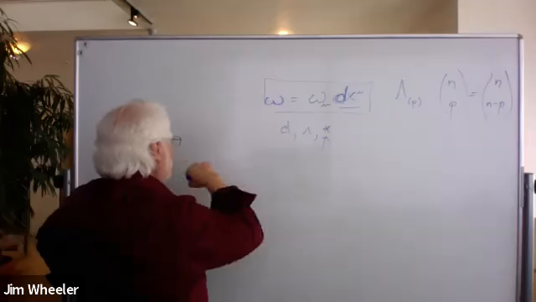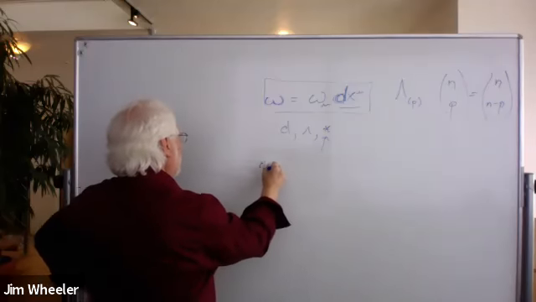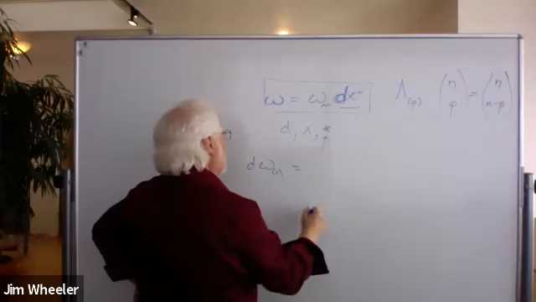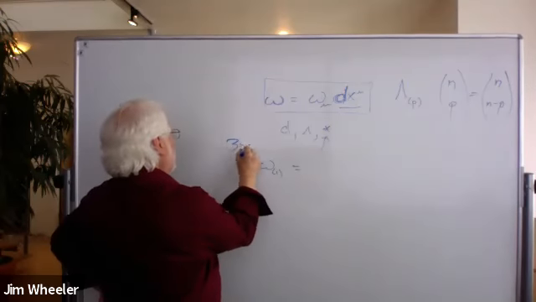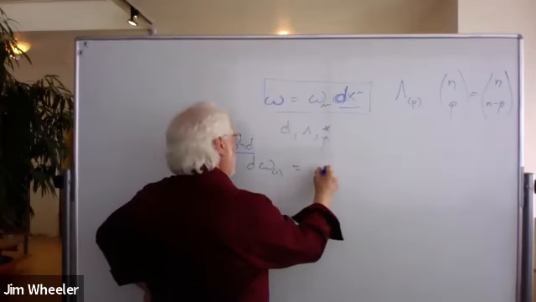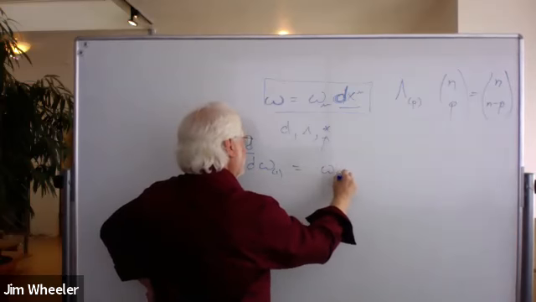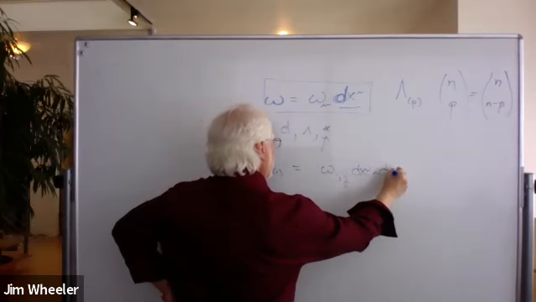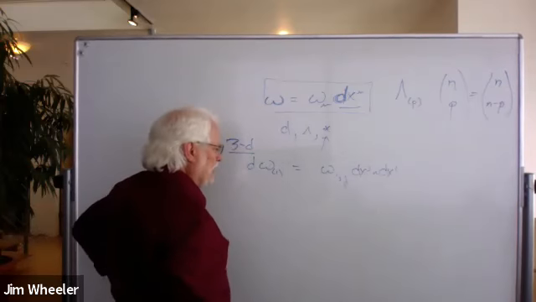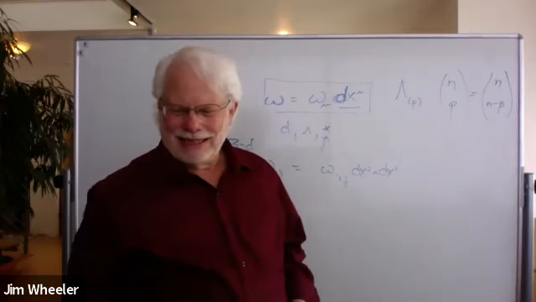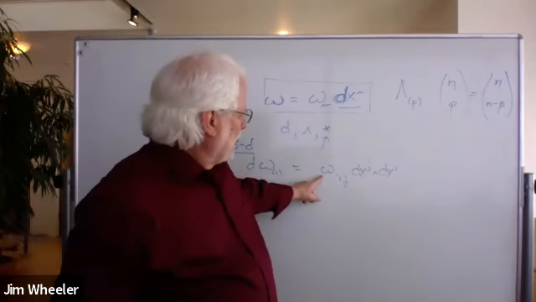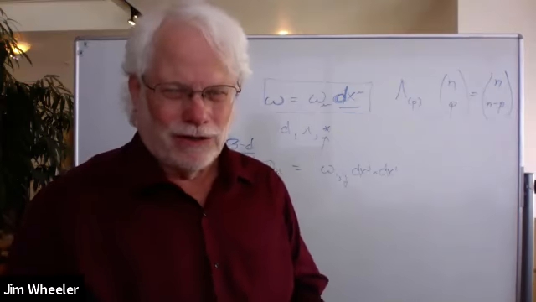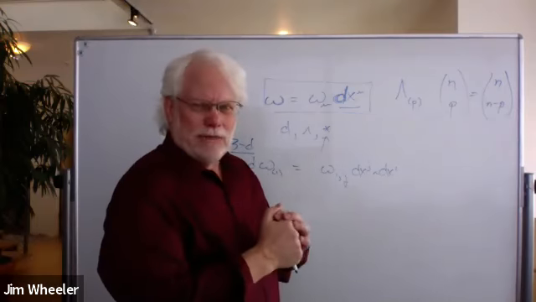So now let's see. Suppose I have a one form, and I take d of it in 3 dimensions. So I've got omega i comma j dx j wedge dx i. And now this is really a half of the antisymmetric part, and we recognize that as the components of the curl. Don't we? We do, don't we?